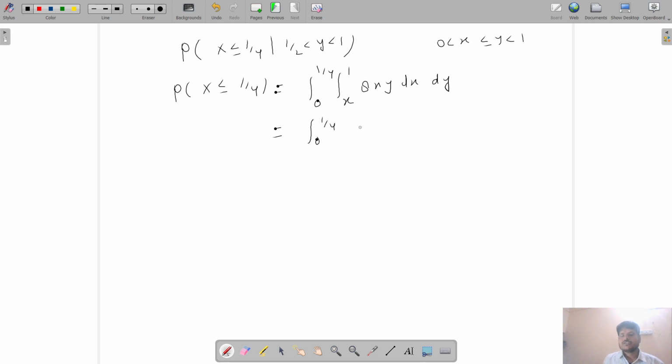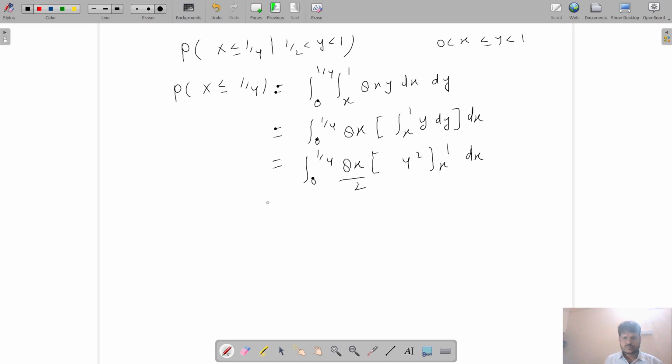So first integrate with respect to y. We write f(x) here, then within square brackets the integration from x to 1 of y dy, and dx. Right? So this is the integration from 0 to 1 upon 4 of f(x) times y square upon 2, with limits x to 1, dx.